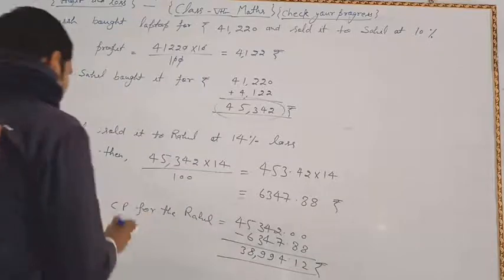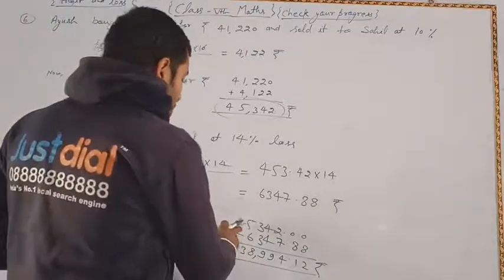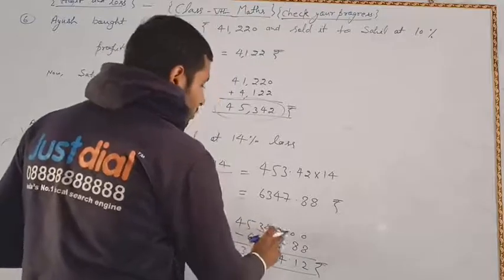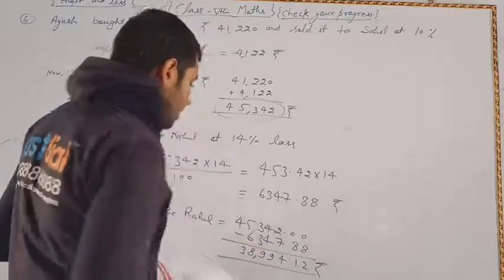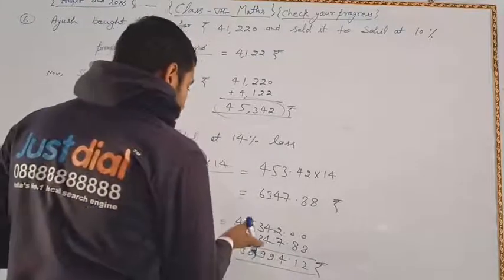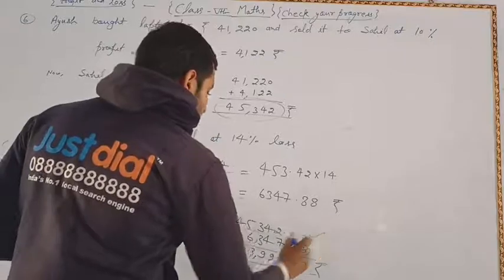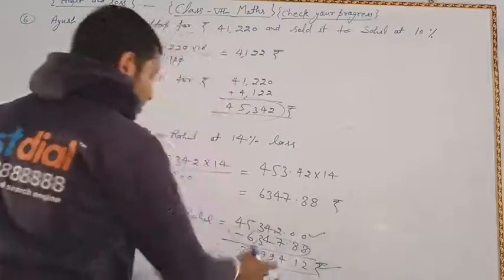Okay. Then CP for Rahul is equal to 45,342 minus 6,347.88. If we subtract this numeral from this numeral, then we get the result. So this is our answer.